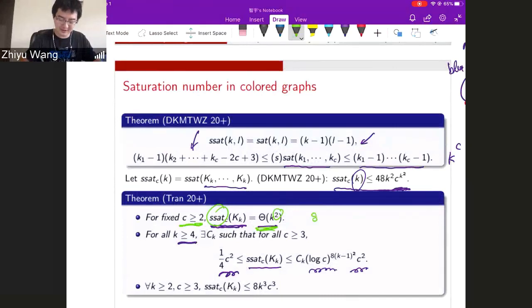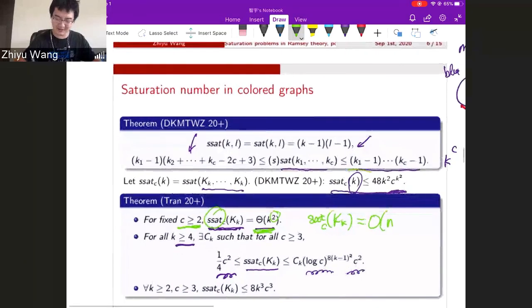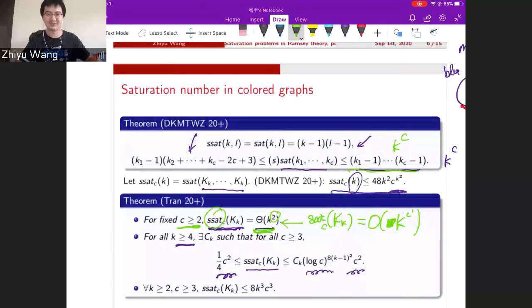However, how about the saturation number of c colors of clique k? This result is upper bounded by roughly k to the c. Is there a similar behavior as the semi-saturation number? Can it be k squared times some c prime, where c prime doesn't depend on the number of colors? That would be an interesting problem too.